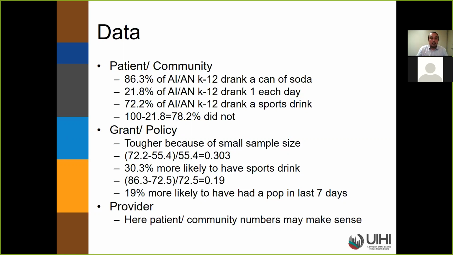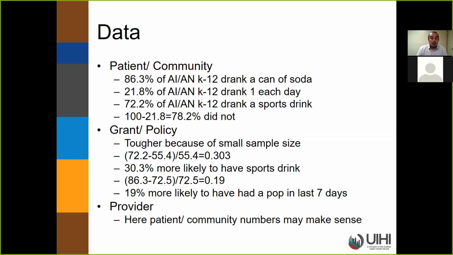So that's the number of K through 12 AIANs who did not drink a can of soda each day in the last 7 days. That might be useful information in getting initial buy-in from people about implementing some type of health behavior change. So being able to come in and say, well, look, regardless of what you think, look at this big number. That number didn't do what you think is so normal.